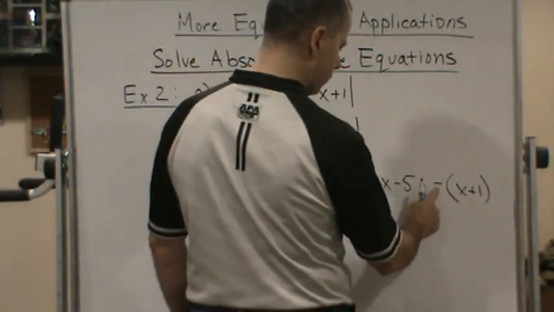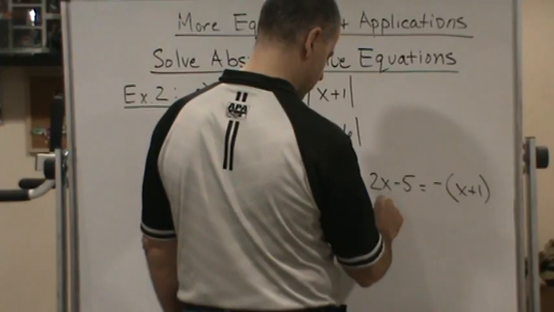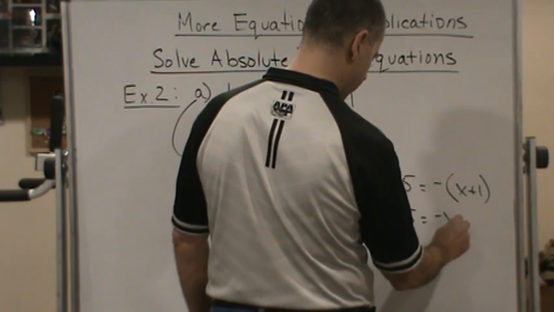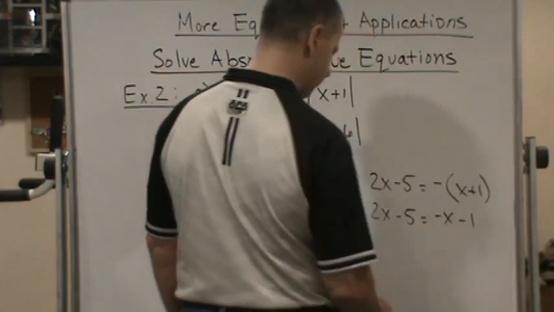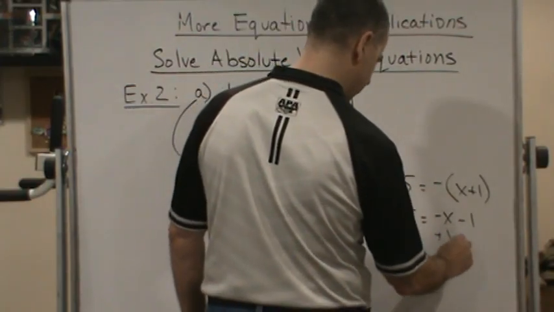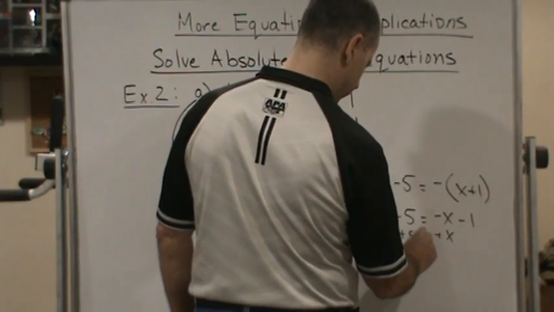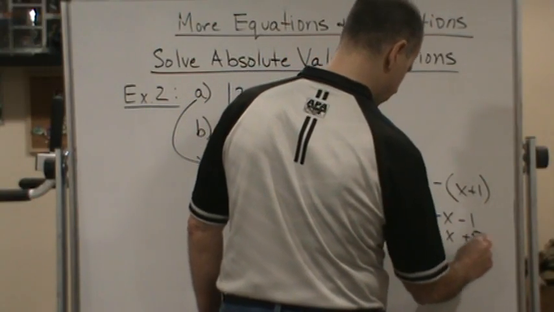Now I'm going to distribute the negative, right? So this becomes 2x minus 5 equals negative x minus 1. Now I'm going to add x to both sides, and add 5 to both sides.